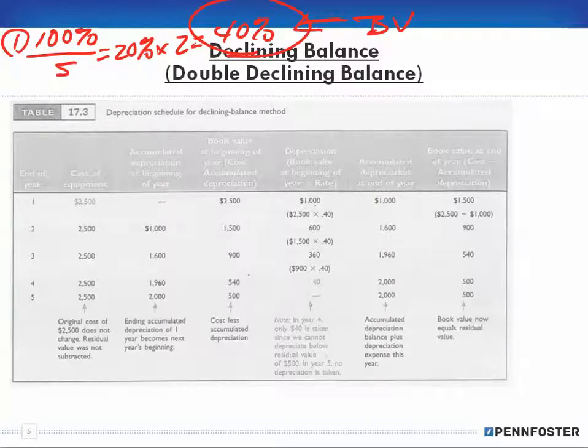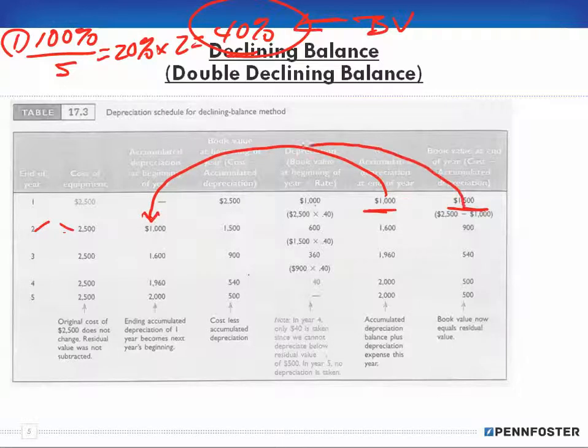Here's when we come into year 2. We still have $2,500 as my cost. But what I had for values in my accumulated depreciation and my book value at the end of year 1 now become my beginning balances for year 2. So all I'm doing is just transferring those numbers.